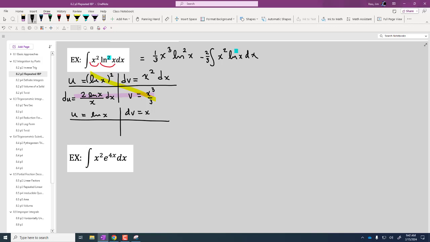But with integration by parts, remember that this whole integral is going to turn into uv minus the integral of v du. So that 2/3 is going to have to be distributed. So it's not a bad strategy to just leave the 2/3 on the inside, and then you don't have that 2/3 to distribute later. It doesn't matter. It's six of one, half a dozen of the other.